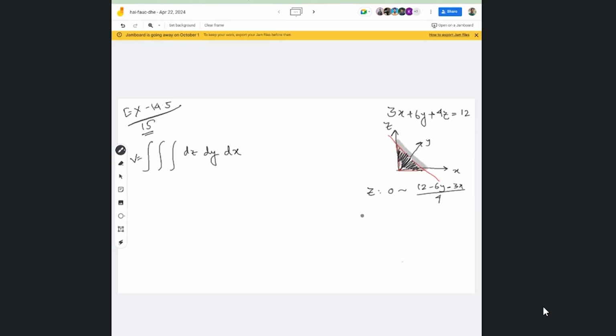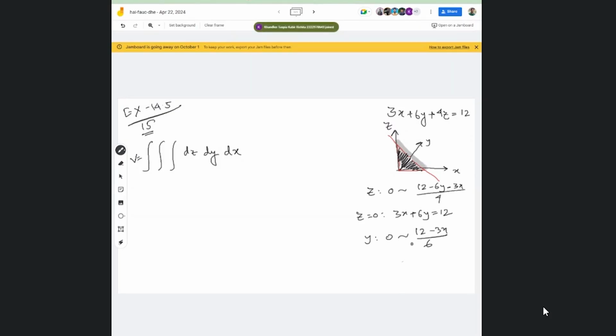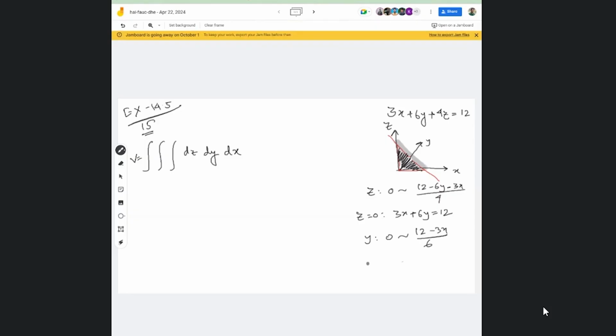Now to obtain the limits for y and x, we set z equals 0. That implies 3x plus 6y equals 12. From there, y will be limited from 0 to 12 minus 3x over 6. And for x, if we set y equals 0 and z equals 0 as well, then we get x equals 4.